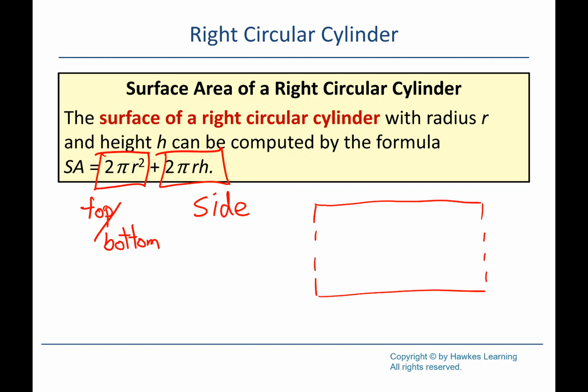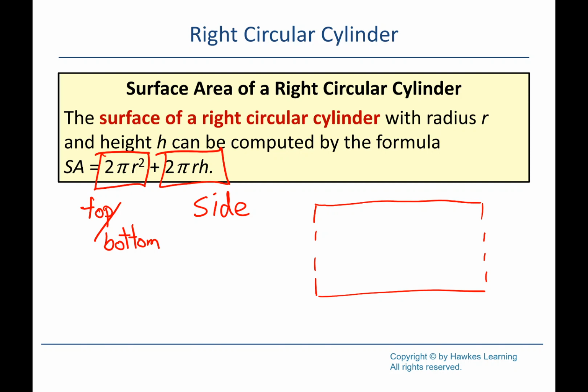So that's all this is. This is the radius, which tells us about one of the dimensions, and then the height tells us about the other. So 2 pi r is the circumference times the height, is all it is. You don't have to get that detailed with it.